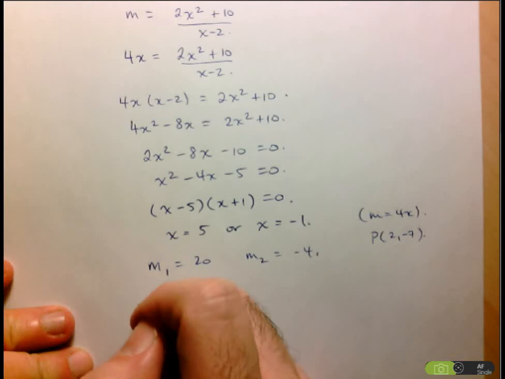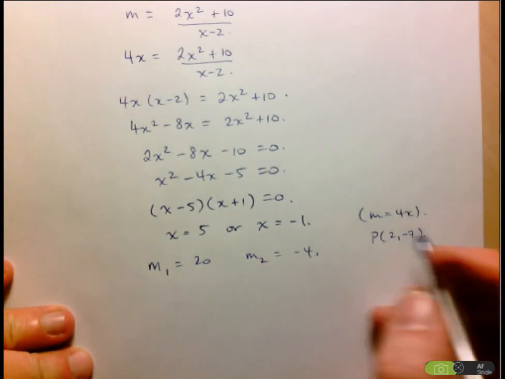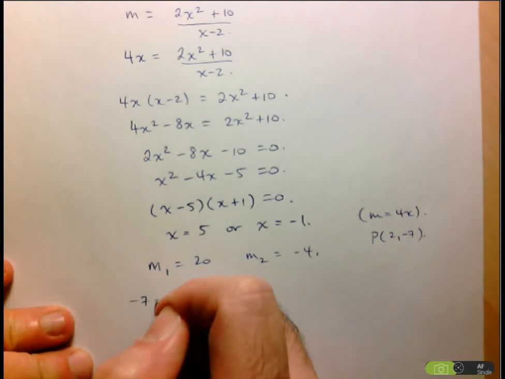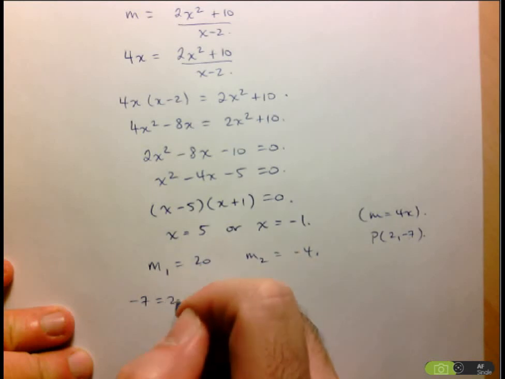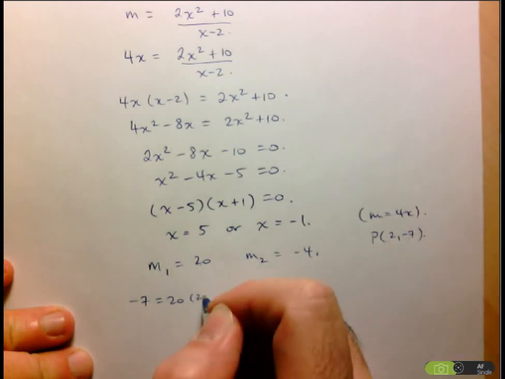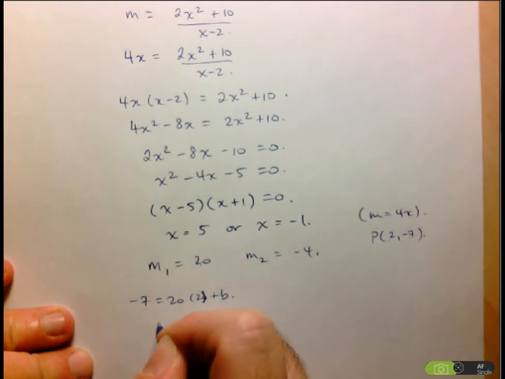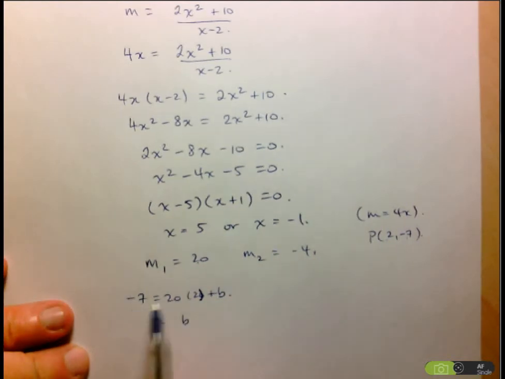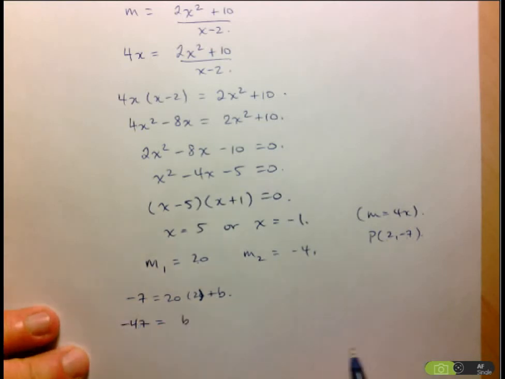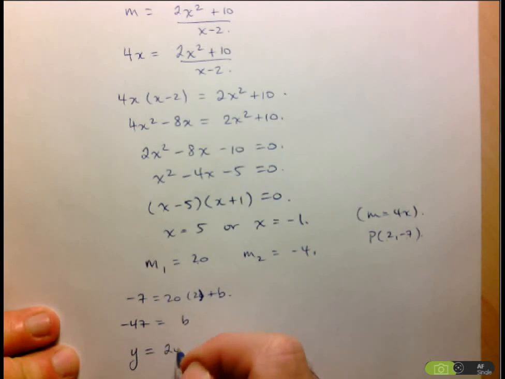Use y equals mx plus b. So y, negative 7, is equal to mx plus b. Now we can solve for b. Here negative 7 minus 40 is negative 47. So one of our tangents will have the equation y equals 20x minus 47.